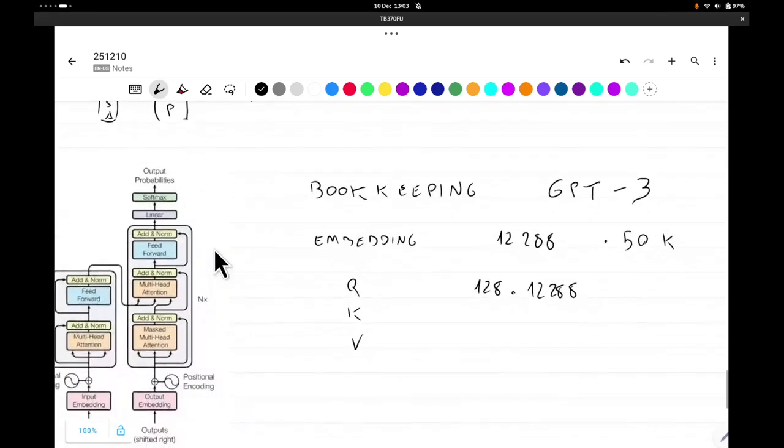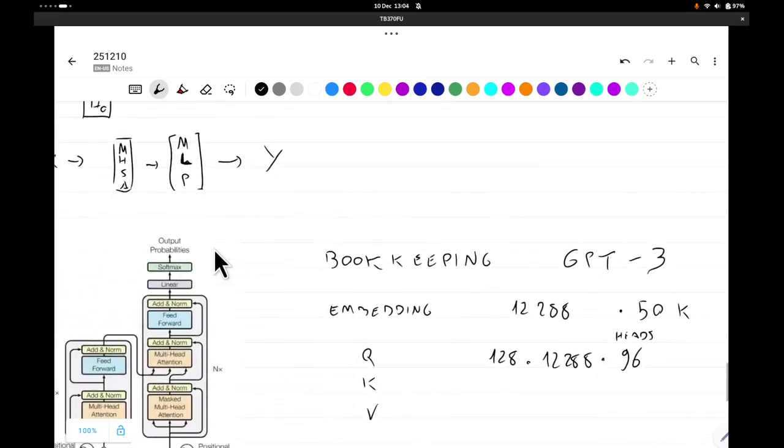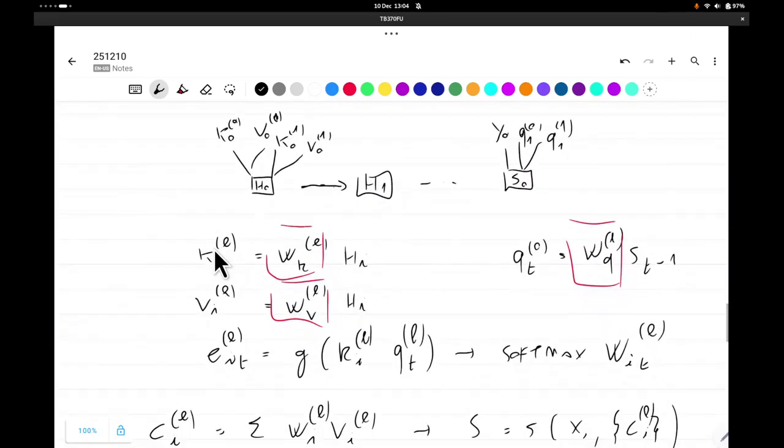And then there are 96 of these heads, right? So this here is the L of the heads. So there are 96 for each input.